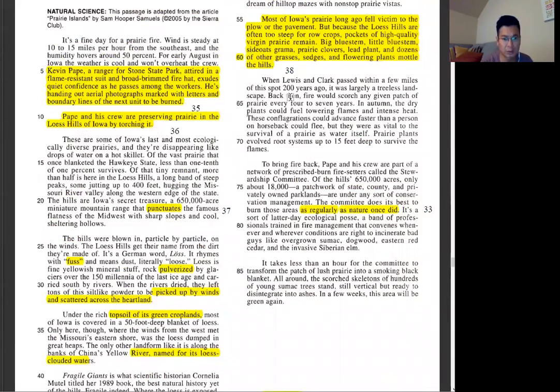When Lewis and Clark passed within a few miles of the spot 200 years ago, it was largely treeless. Back then, fire would scorch any given patch of prairie every 4 to 7 years. In autumn, the dry plants could feed towering flames.